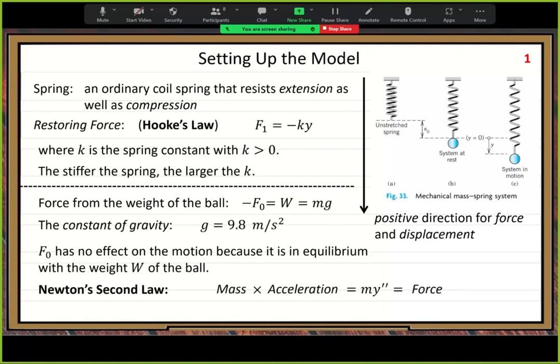So Newton's second law, we have this formula, mass times acceleration. That is m times y double prime, acceleration, equals force. So now you need to look at this force part.